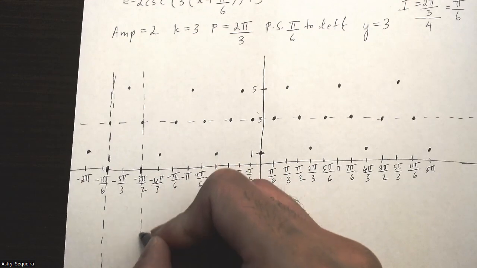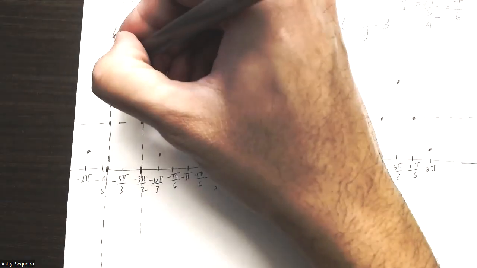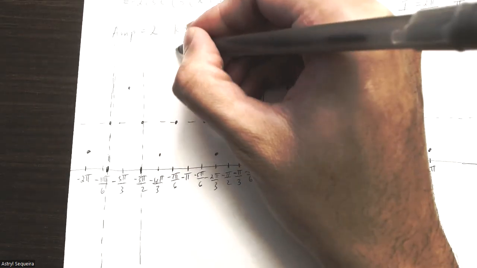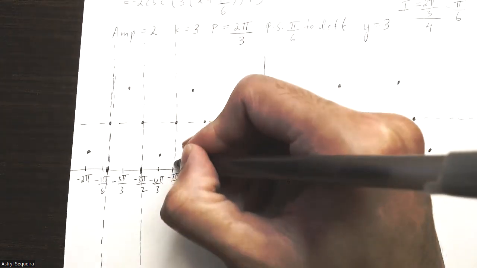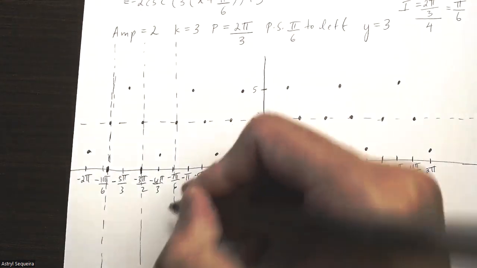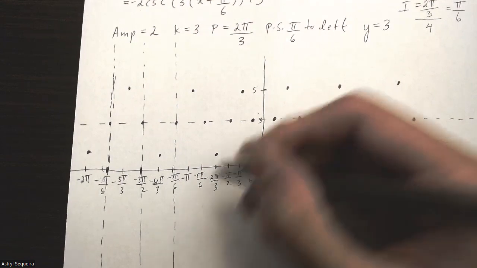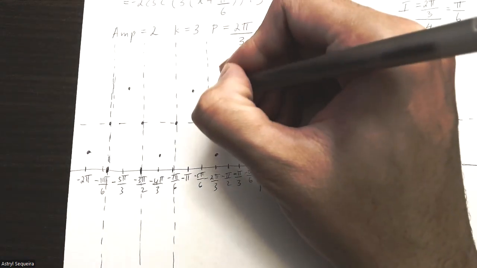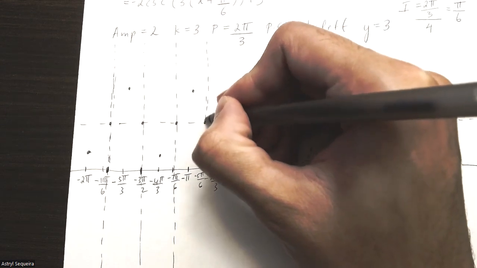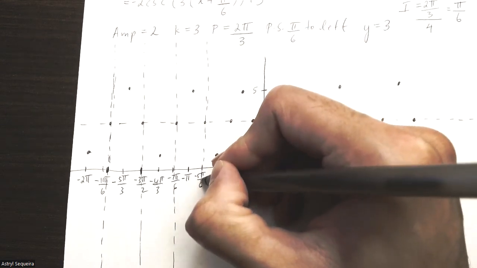A vertical asymptote over here. Another vertical asymptote at negative 7 pi over 6. If you were doing this on grid paper, it would be a lot more accurate than drawing it on blank paper, obviously.